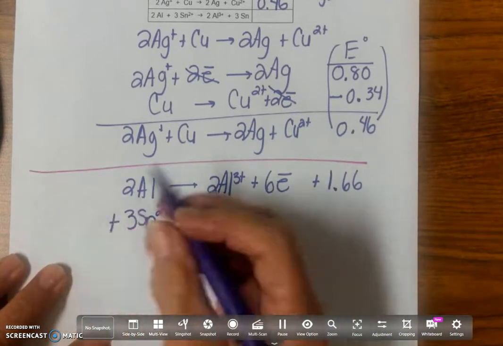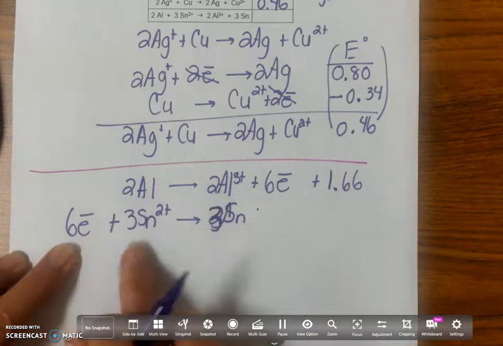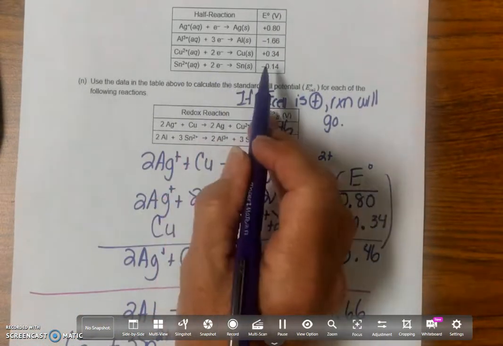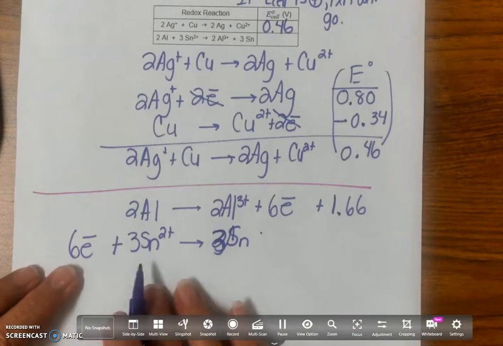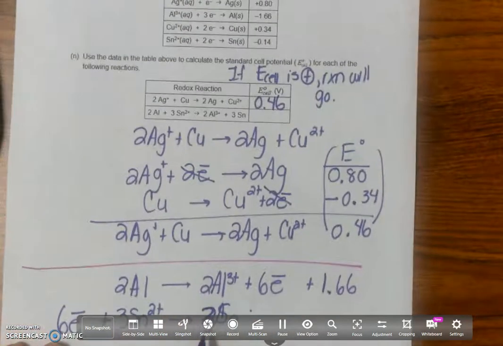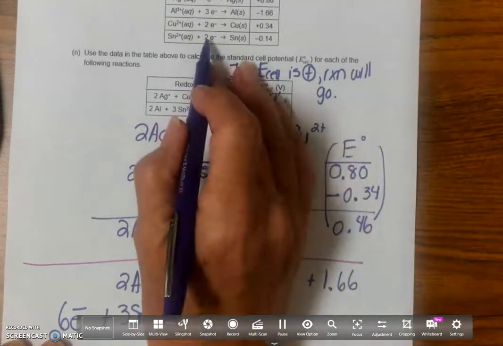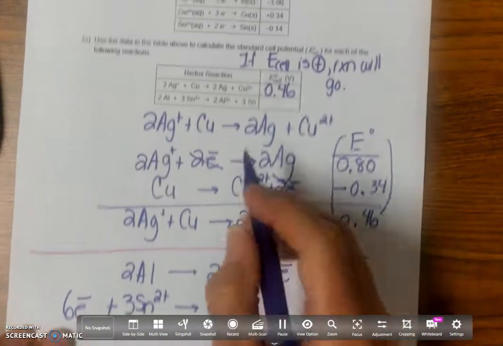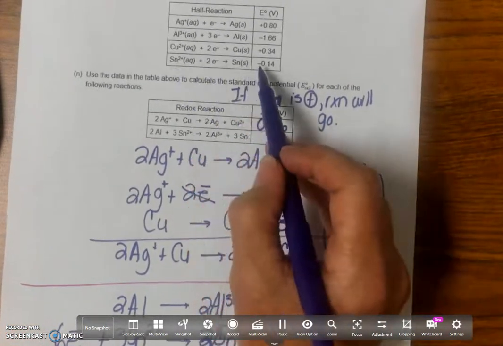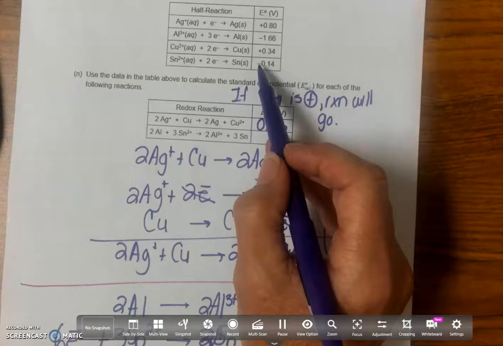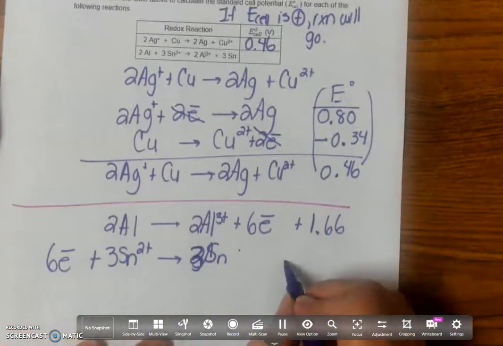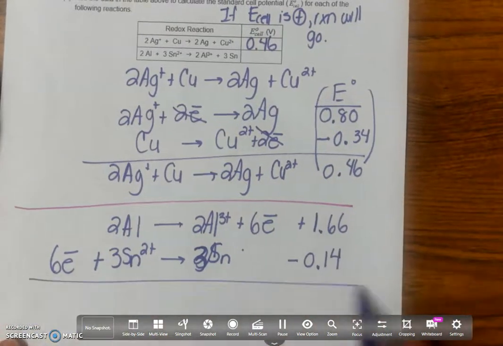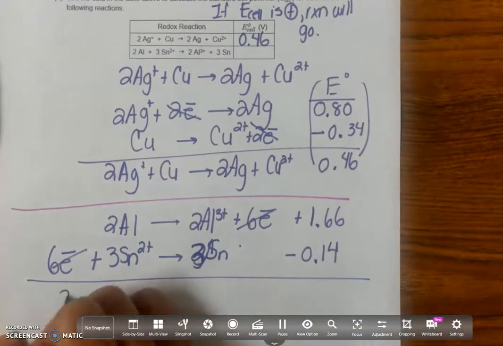And I'm going to add the electrons on this side. So I'm going to go up here. Here's my Sn2+ plus my electrons, give this. Now I've multiplied all of this by 3. So that means I have 6 electrons. But again, it doesn't matter that I've multiplied this by 3. This is still going to be a negative 0.14 volts.